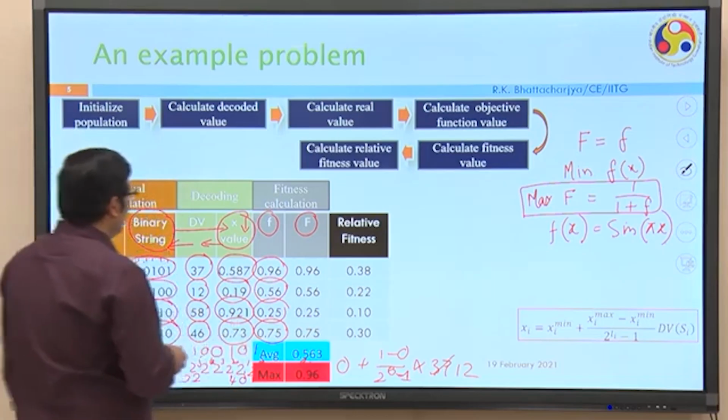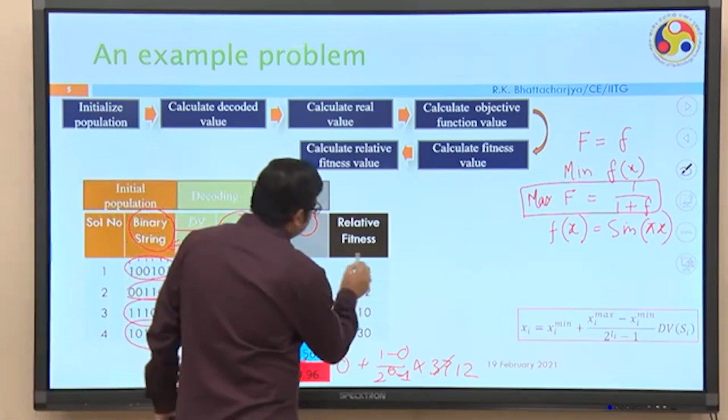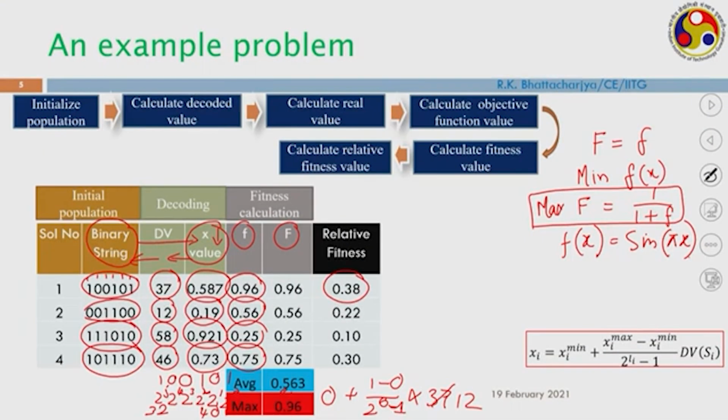So, what you are doing? You calculate the relative fitness. What is relative fitness? You divide each fitness by the sum of all the fitness values. So, the relative fitness you are getting is 0.38, then 0.22, then 0.1 and 0.30. So, this is the relative fitness you are calculating.